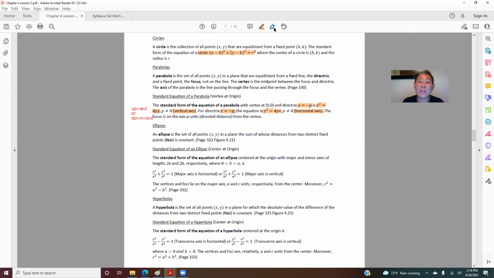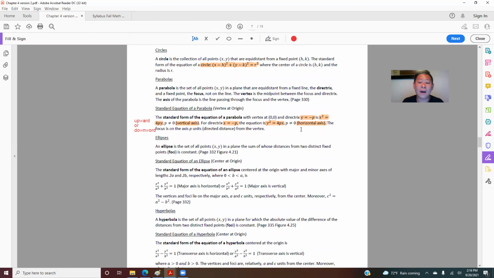We call this opening sideways, and it can open like a C and the opposite C. Again, it depends on your p. If your p is negative, it opens this side. If it's positive, it goes the C way, this way.